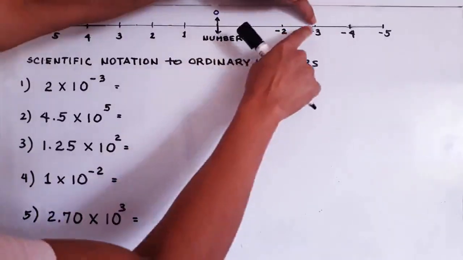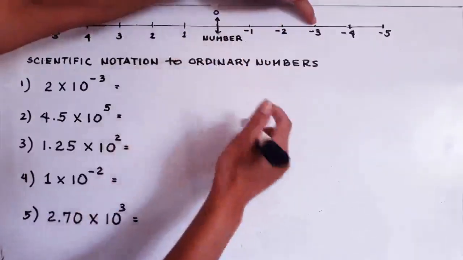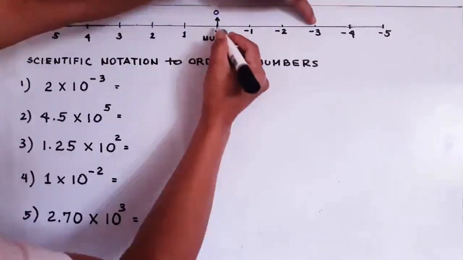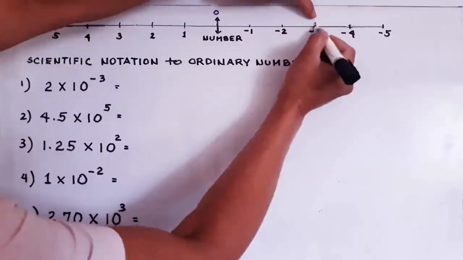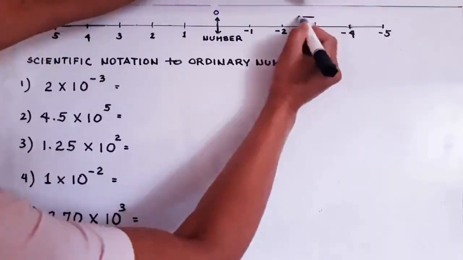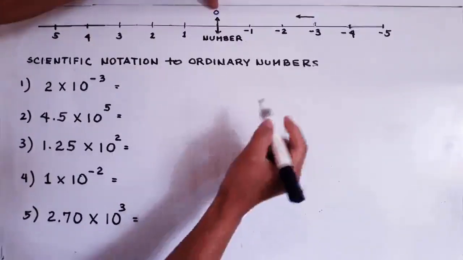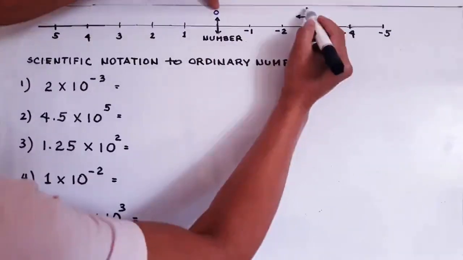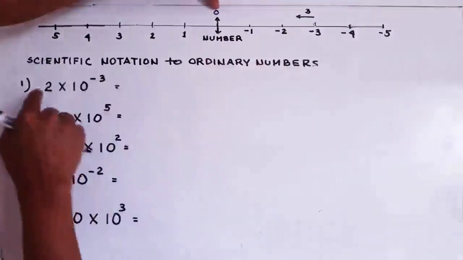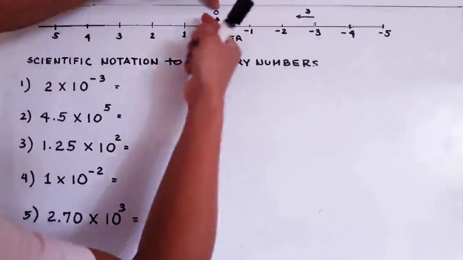To go to our ordinary numbers, we are going to move the decimal point to the left. And to reach here, how many? From here, 1, 2, and 3.